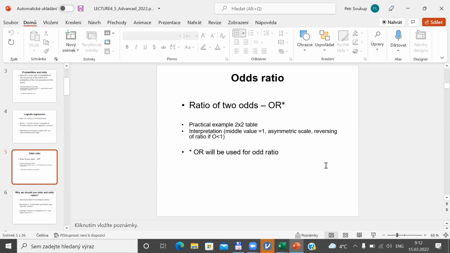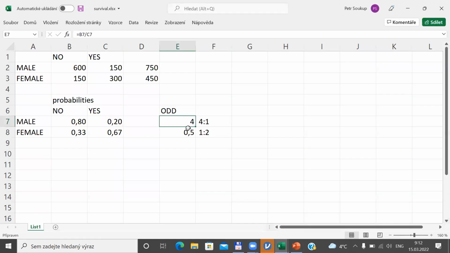If I go back once again into Czech language, odds ratio in Czech is "poměr šancí". So here we are once again, and currently I will be computing the odds ratio for the odds to be dead for male and to be dead for female.